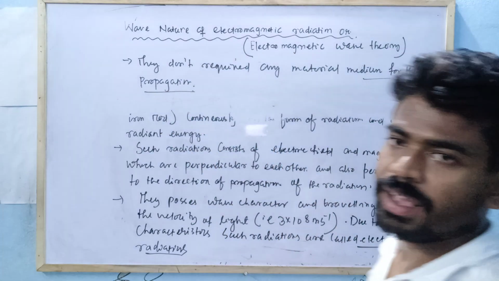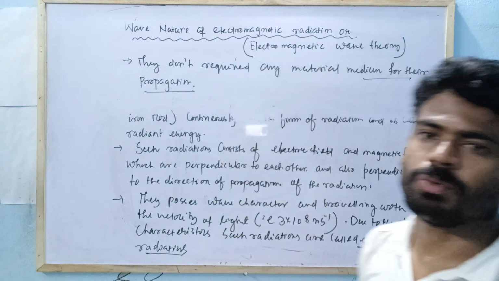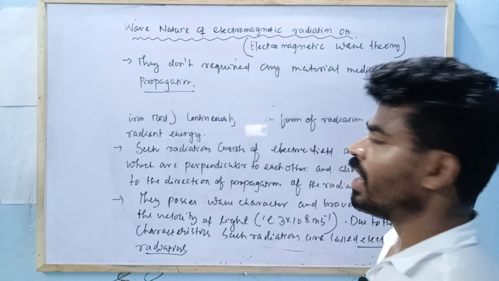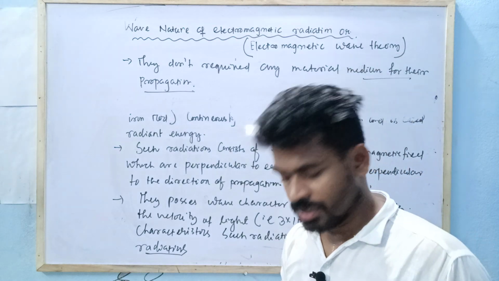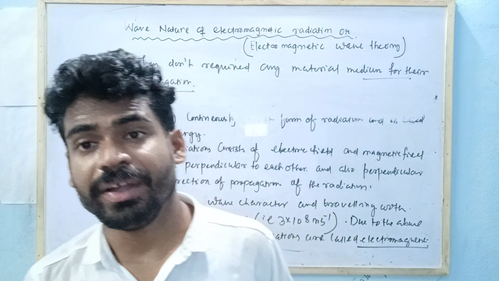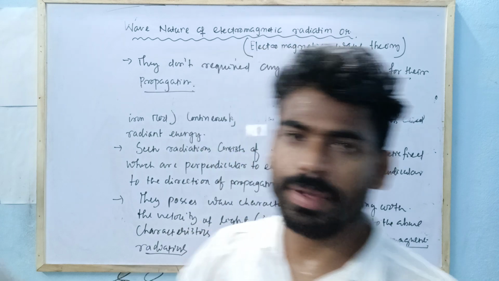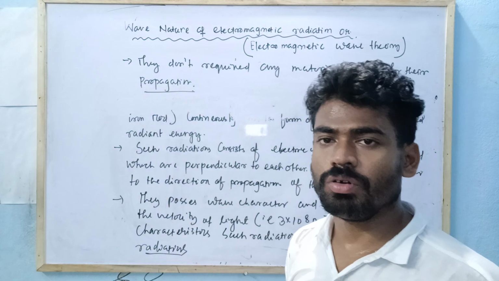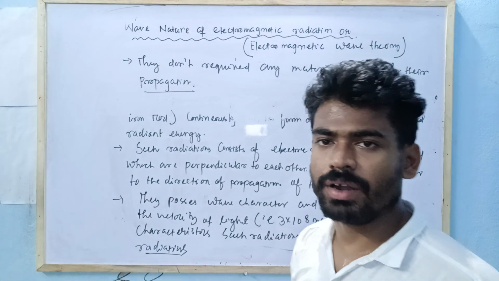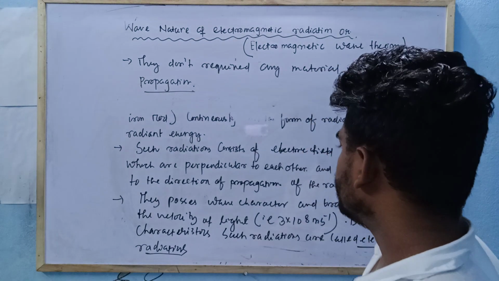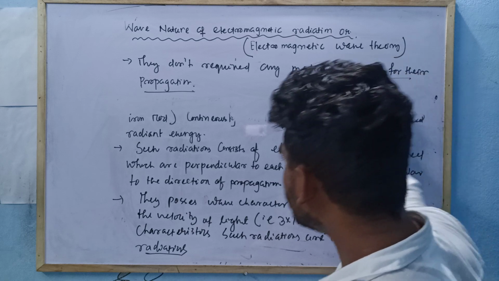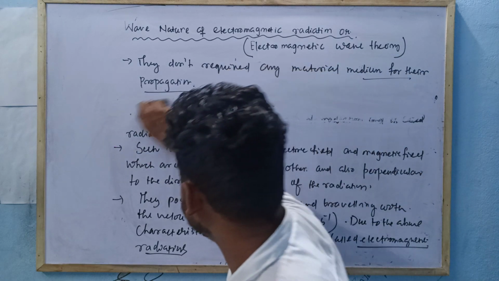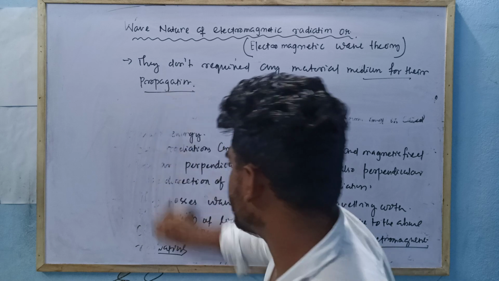They do not need any material medium for their propagation. As you know, the energetic radiations which are emitted by the sun and are coming towards us come through vacuum; no material medium is required. So these are a few important characteristics of electromagnetic radiations.